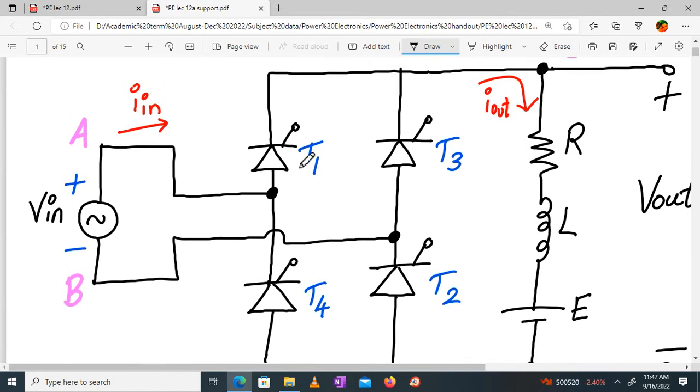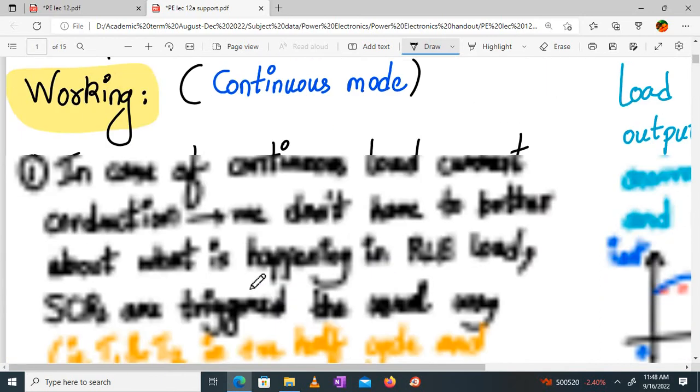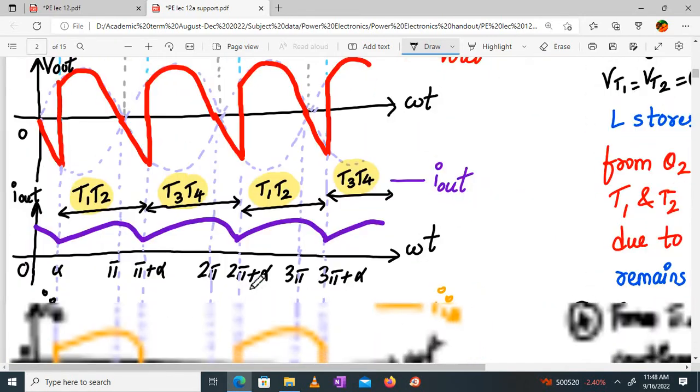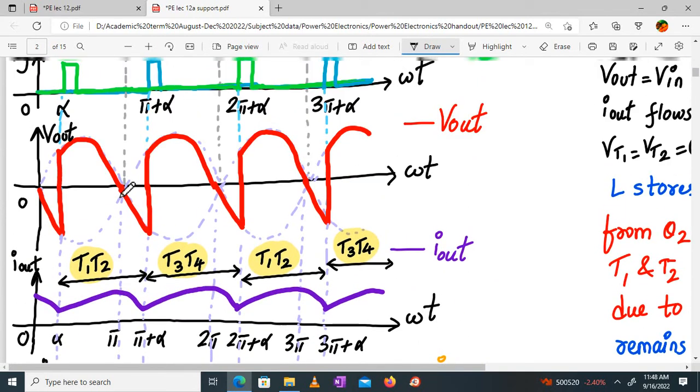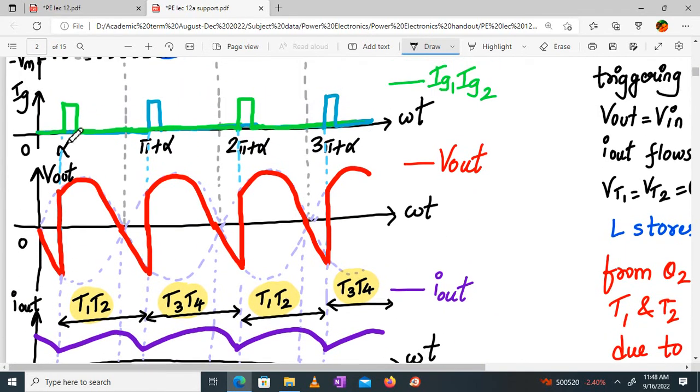That means whenever T1 and T2 conduct, the input is connected to the load via T2 and T1 SCRs. Are you following? So current starts flowing, and the source current and the output current have the same direction. Let's say the load current is this way. It is continuous, right? It rises and then falls, but never goes to zero. So this is what will happen from alpha onwards.